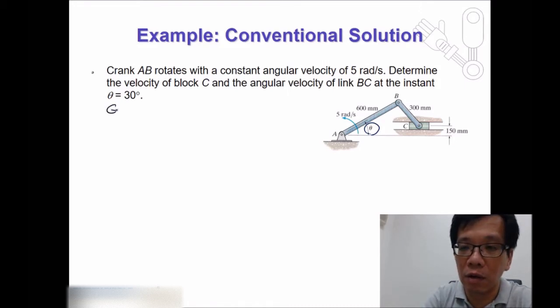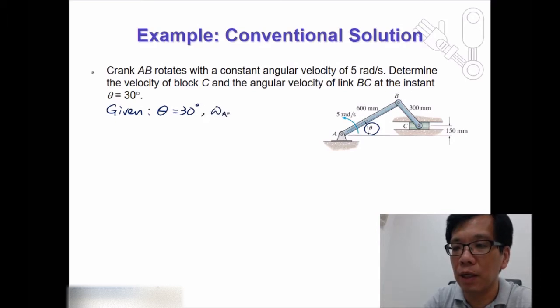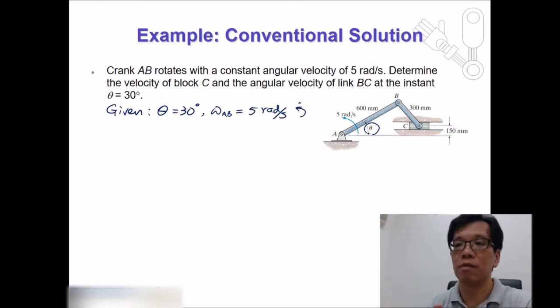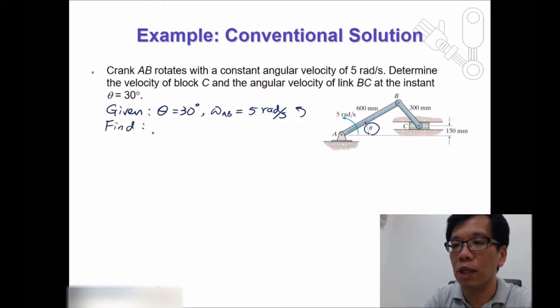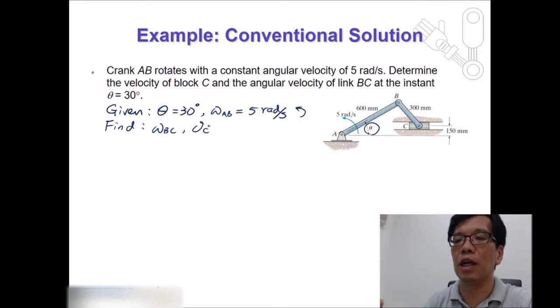Before we actually start to solve everything, we want to define what is given. We are given theta equals 30 degrees. At this moment, our omega AB is 5 radians per second, and in this case, it is positive. We want to find out two things: the angular velocity of BC, and the velocity of C at this instant.